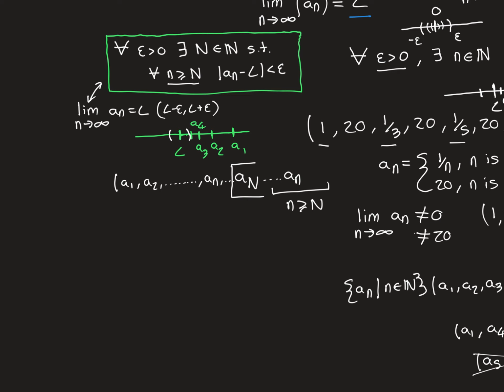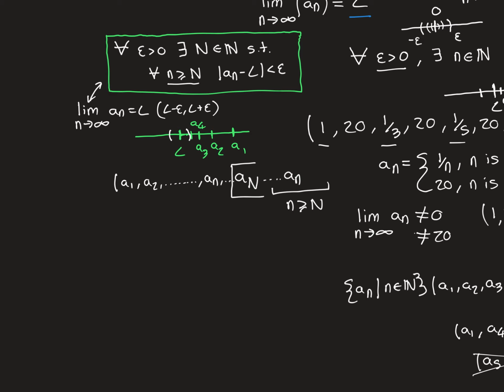That's the correction that wasn't in here, that all the terms afterwards should also be that close. So it should get to and stay as close as you like, indefinitely close. For all closenesses, it should be true that there exists a point in the sequence where they're all forever after that close to it. So that is what this is saying.